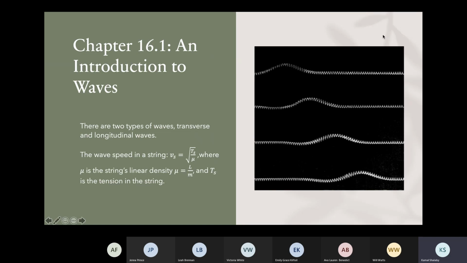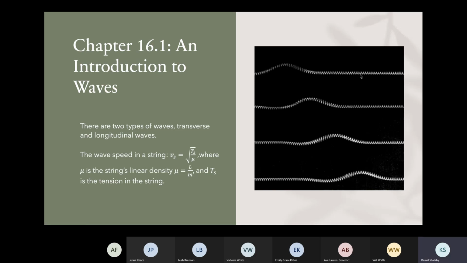Okay, so transversal waves, that's where you have the particles go up and down, perpendicular to the speed of the wave, while for the longitudinal, you have the particles go back and forth, parallel to the speed of the wave.